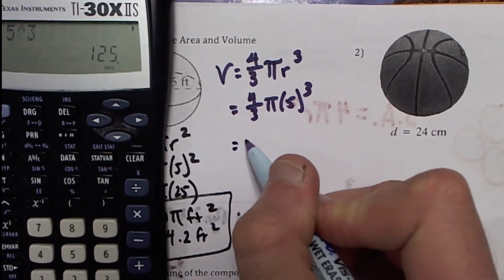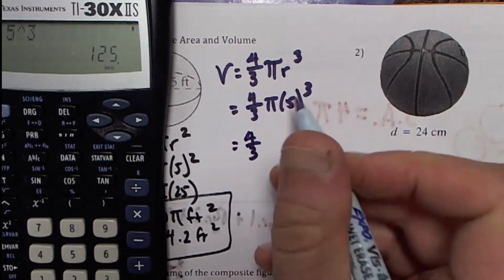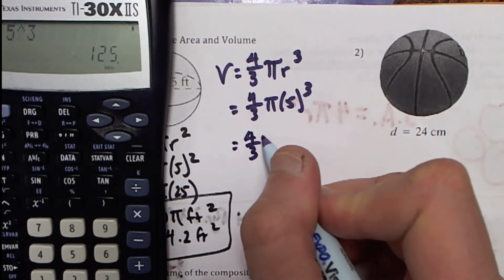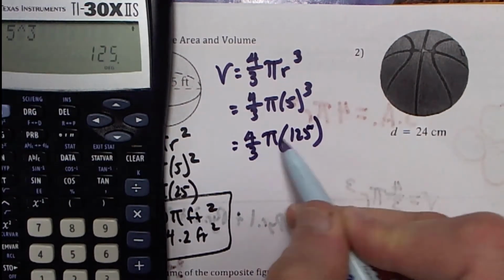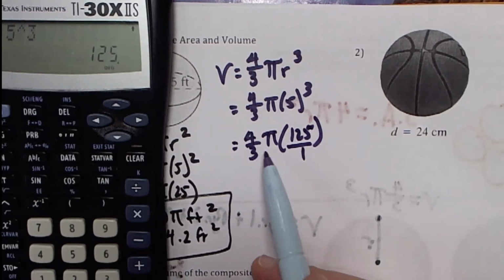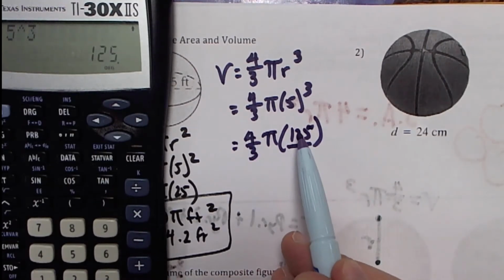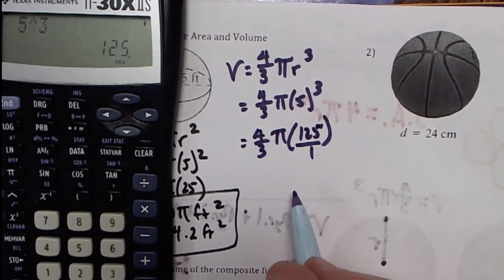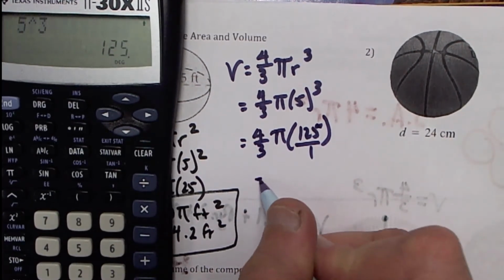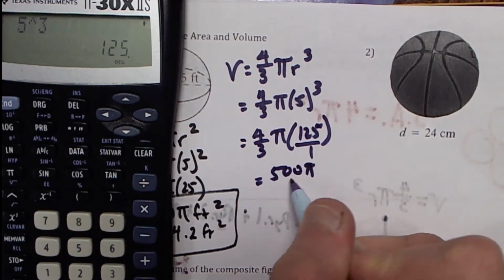Okay, so we get 4 over 3 times pi times 125. Now to combine this, I like to put this over 1. You can either try to divide 125 by 3, which you can't, or multiply 125 times 4, which we can, and we get 500 pi over 3.